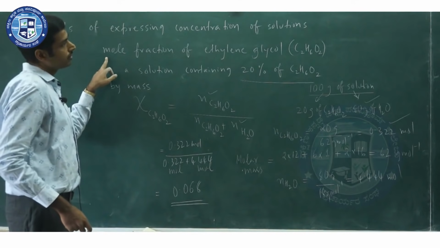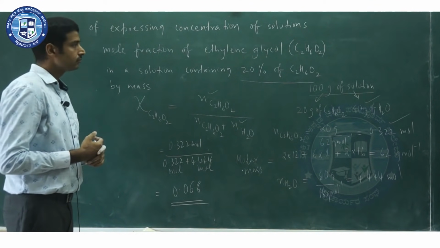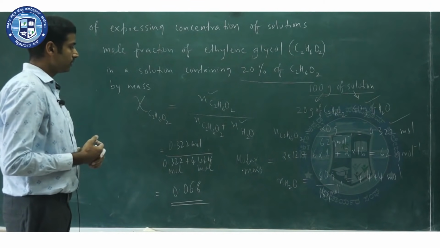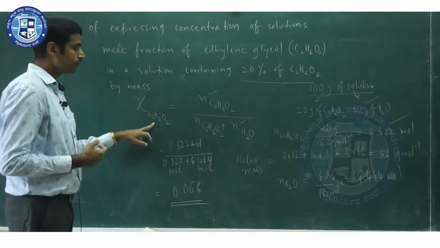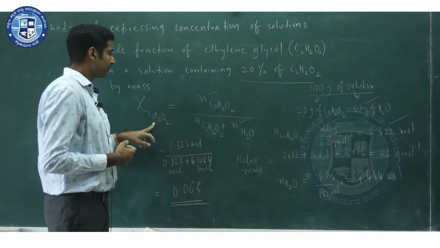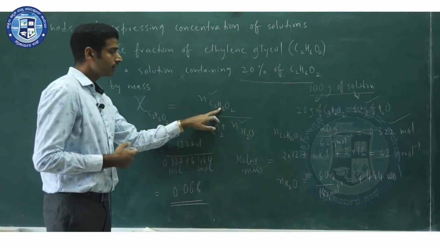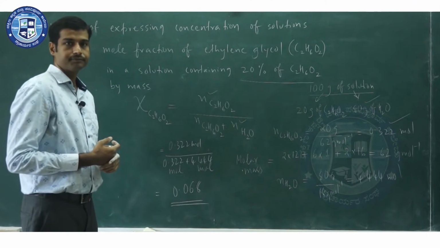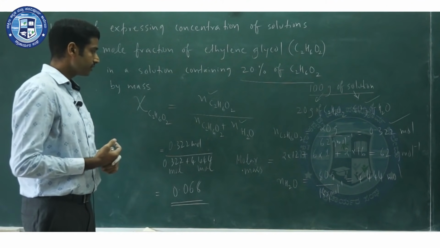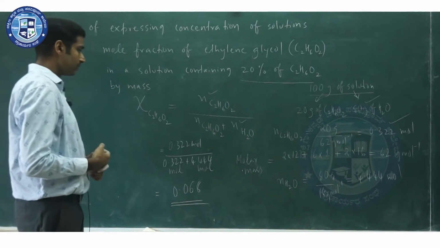In this problem, mole fraction of only ethylene glycol is asked, but you could also calculate, if needed, the mole fraction of water. All you have to do is, instead of ethylene glycol, take the number of moles of water in the numerator and calculate. There is another method.